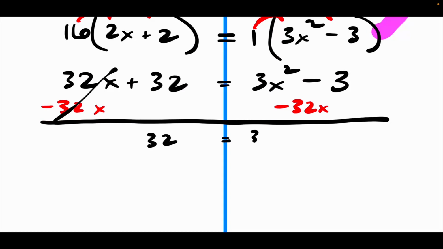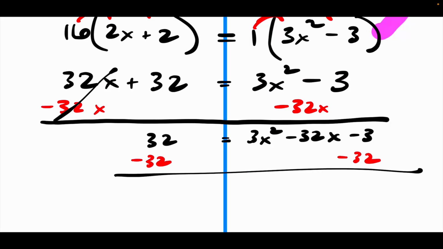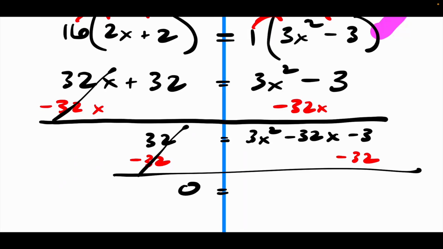So where does it go? It goes right in between. And then I'm going to subtract 32 since it's positive. That one I can subtract from 3, negative 3, because they're like terms. Minus 35.